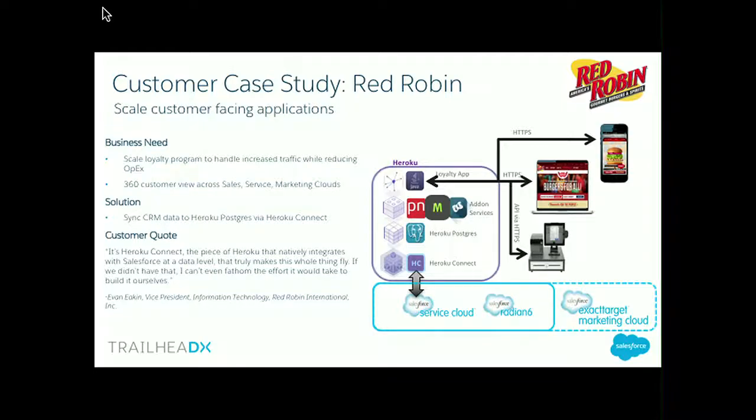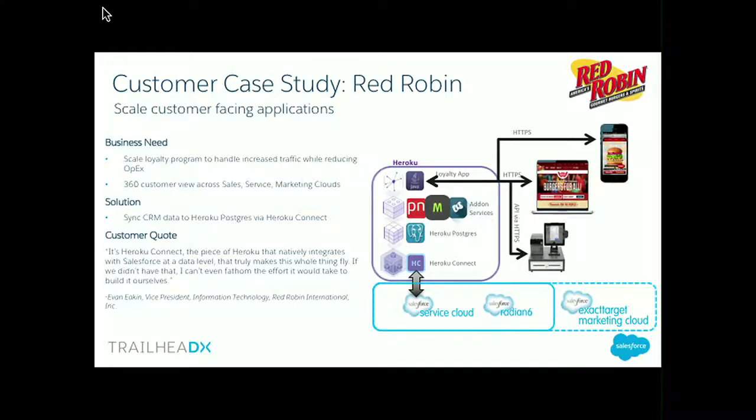They ran into some scalability issues, and the developer velocity wasn't quite what they wanted. By moving over into Heroku, they gained developer velocity. They were able to use Connect to move the data, and it became the foundation of their data architecture, along with Postgres.